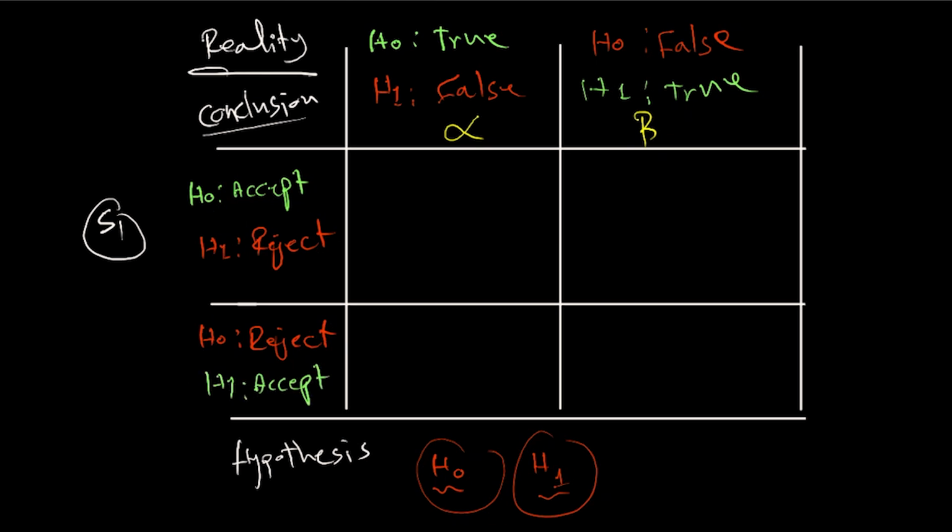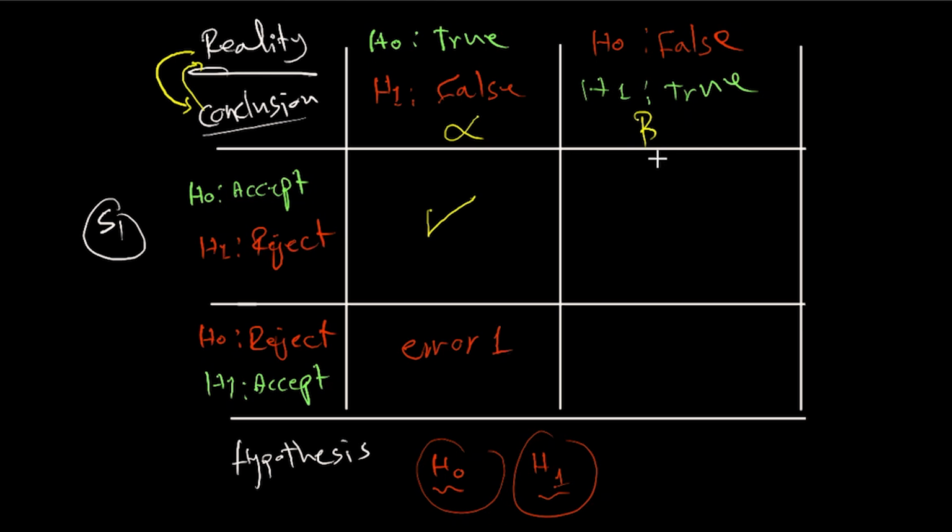Now, what we want to do, just like before, is to mirror the reality to the conclusion and the conclusion to the reality. If you have come to the conclusion of accepting a null hypothesis when it was true, that means you are doing the right thing. Otherwise, if you have come to reject a null hypothesis when it was true, you are committing the first kind of error. We call it error type 1.